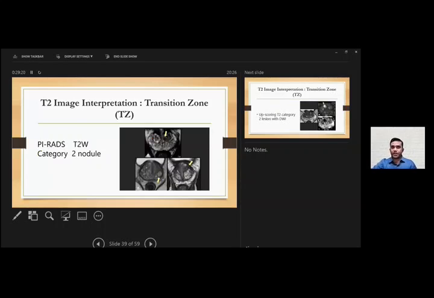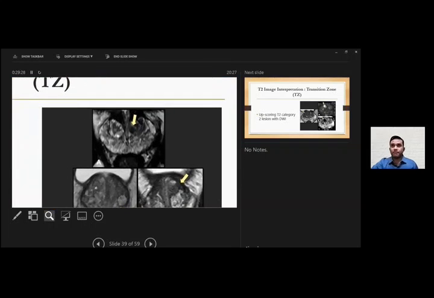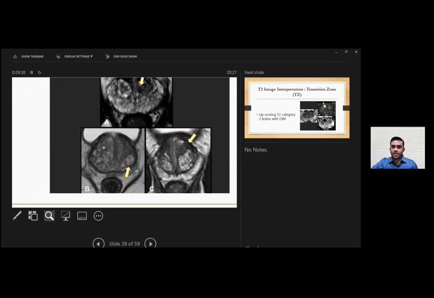Now, a T2W category 2 lesion is one, as in this case, where we see a homogeneously T2 hypointense lesion which does not have a capsule. So this is an atypical nodule. Another lesion here, we can see a well circumscribed hypointensity around the nodule, but at some areas that capsule is not well defined.